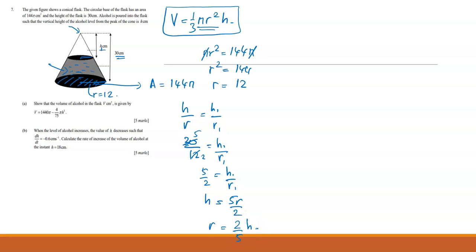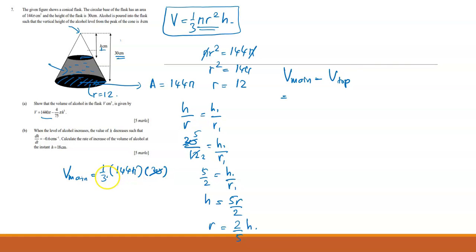Okay, so now guys, girls, the volume of the main minus the volume on the top. The volume of the main cone is 1 over 3 pi r squared, which is 144 pi, and the height is 30 meters.